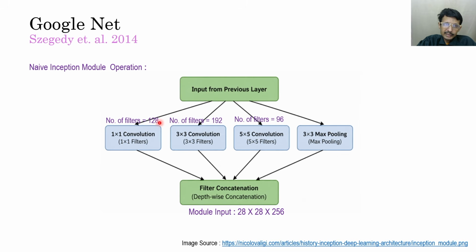Number of filters 128, number of filters 192, number of filters 96 and so on. Normally it goes directly to 3 cross 3 convolution, 5 cross 5 convolution, or 1 cross 1 convolution, and the result is the filter concatenation, which becomes the module input.